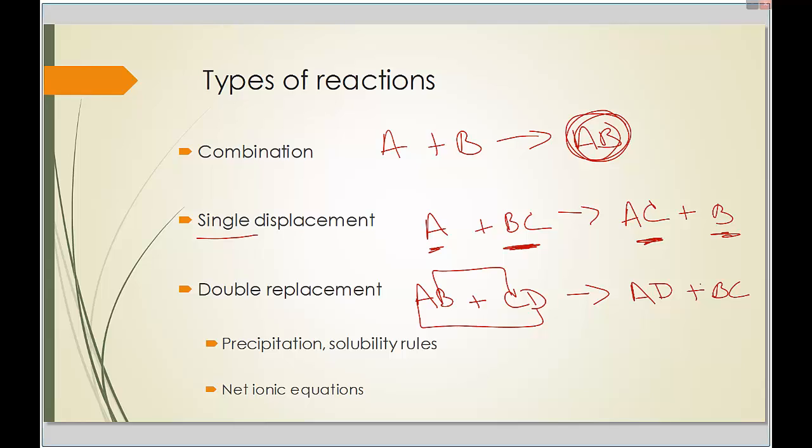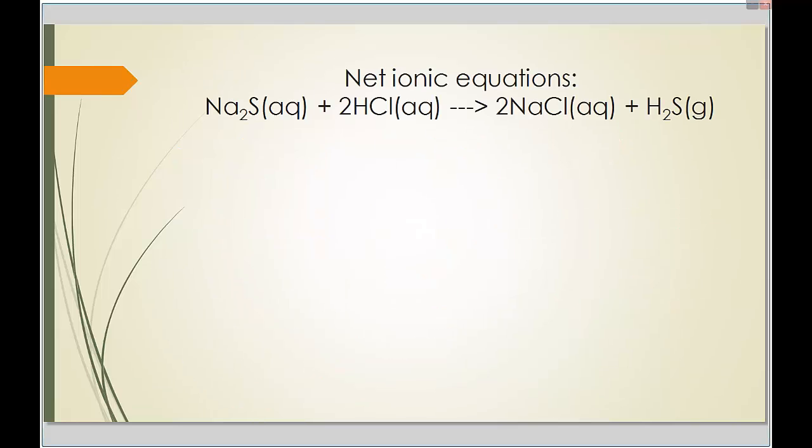So if a solid is formed, it's going to fall out of the solution. Also, make sure you know net ionic equations and what spectator ions are. So let's take a look at net ionic equations. Whenever you see an AQ, that means it gets broken up. So we have 2 sodiums and 1 sulfide.